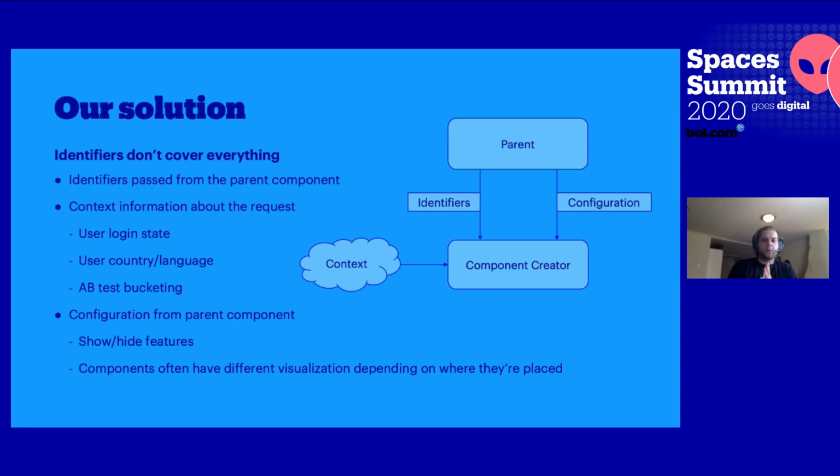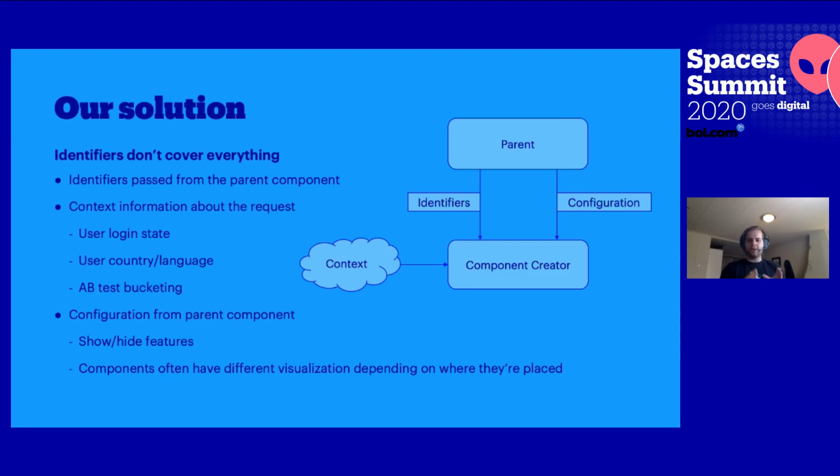And the third thing that we use for our component creators is that we pass down additional configuration, because we realized every component is the same and we want it to be the same everywhere, but that's not the case. That's not how real life works, because in every place where we put a component, it's going to be just a little bit different depending on the context.